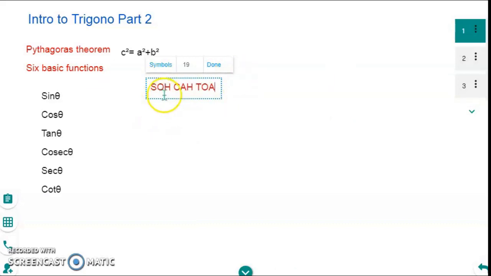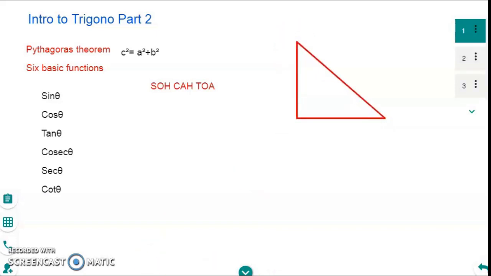Okay, so what does this stand for? Let's quickly draw a right angle triangle. Here is a triangle, and let's name this triangle A, B, and C. And we're going to name this angle as theta so we can quickly do the problems.